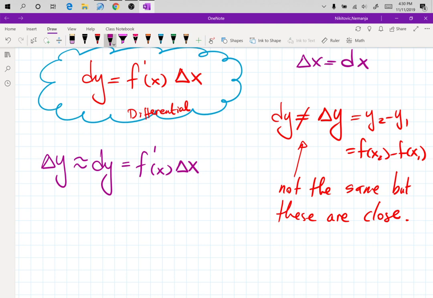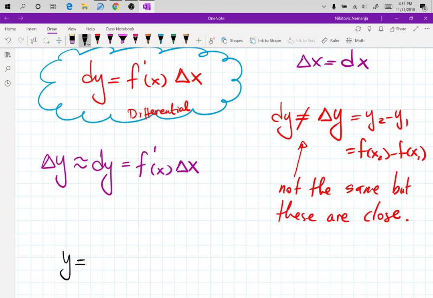So let's take a look at some calculation to understand this. I'm just going to take whatever basic problem we can pick.